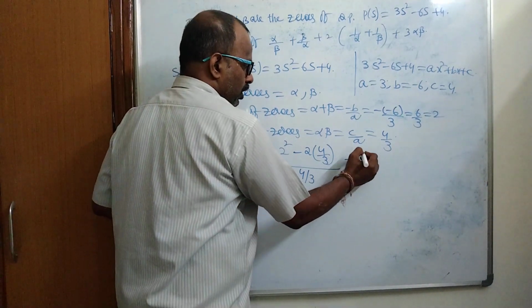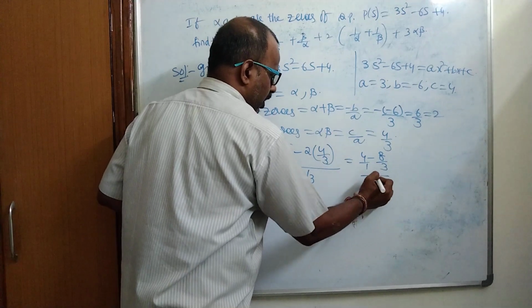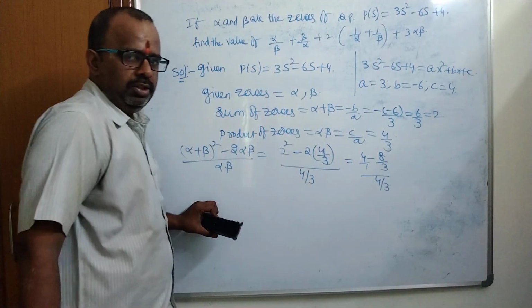So 2 square is 4, minus 2 fours are 8 by 3, by 4 by 3.